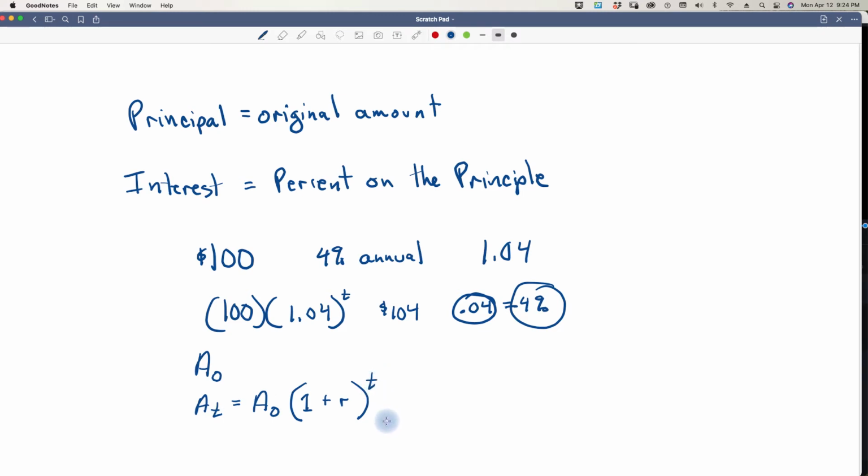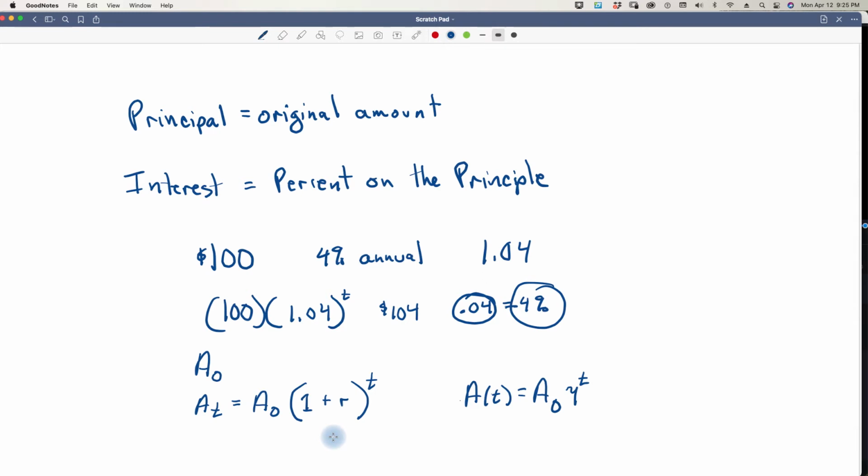So the equation has the form of a function: A of t equals A of 0, the beginning amount, times y to the t. That's our function. Y is the rate plus the original amount.